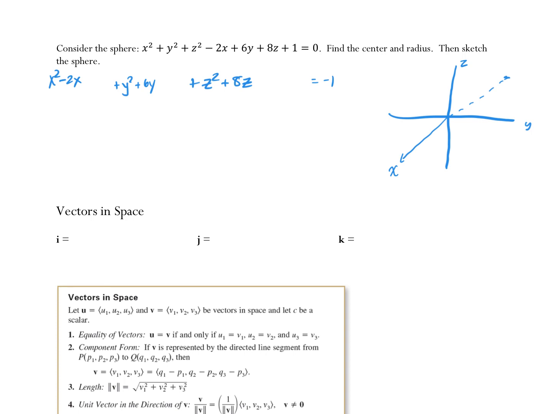Okay, so if I complete the square for the x's, so only here, what do I need to add? +1, because when you square it becomes positive. And the result will be x minus 1, the quantity squared. Okay, and so since I added a +1 on the left, I'm going to add a +1 on the right. All right, what about for the y's?